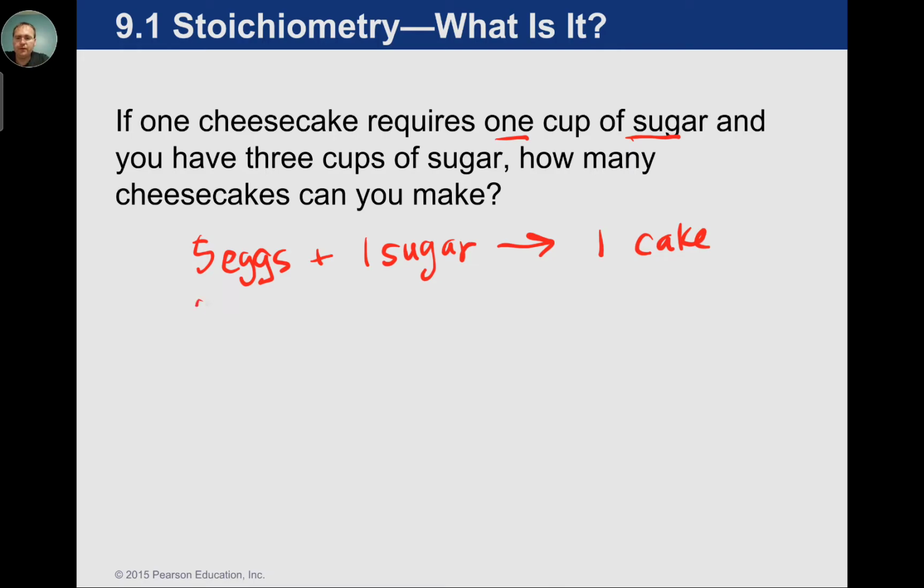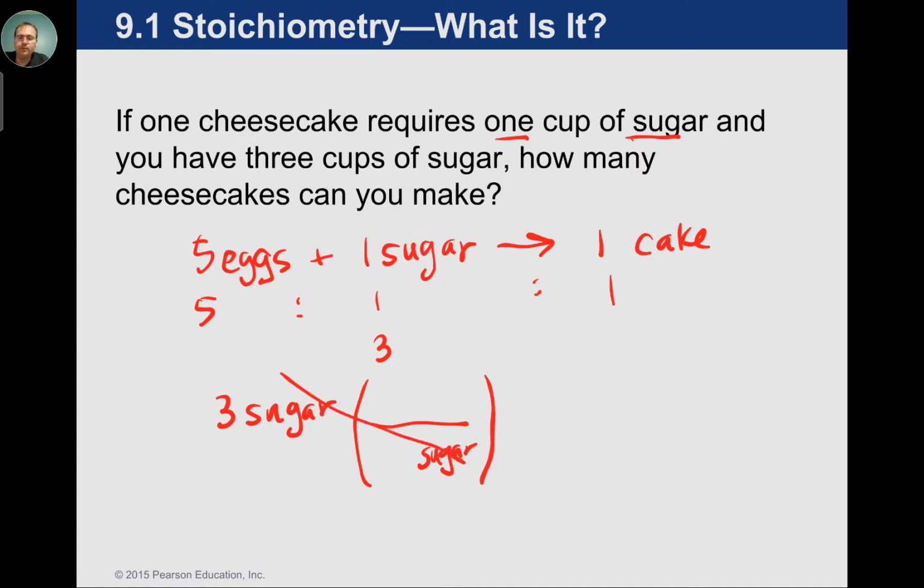So you can imagine that if this is 5 to 1 to 1, all we're really asking is, what if this is a 3? How does that ratio apply to the others? So many of you can probably do that in your head, and that's perfectly fine. The process that we're trying to get you used to is, if we have 3 cups of sugar, we want to get you comfortable with canceling units like sugar, but we'll call them moles pretty soon, and then getting cake, which will be product pretty soon.